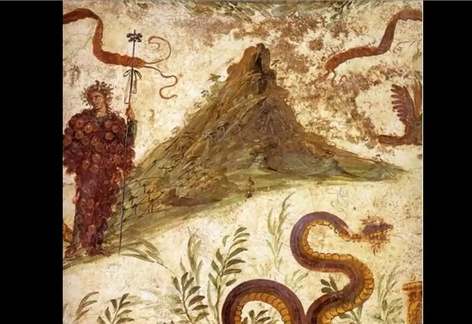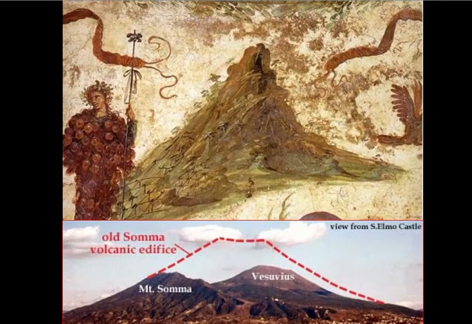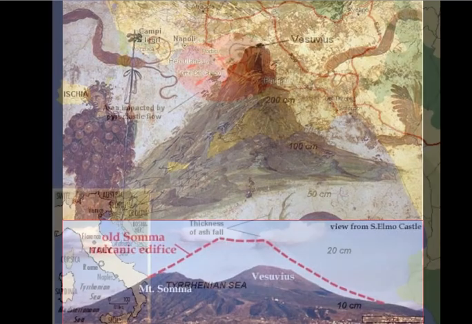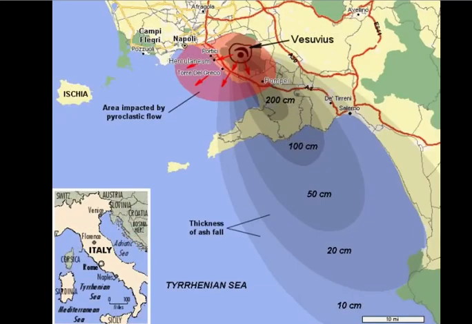A stratovolcano, tall and pointy, blew up, and it used to be called Soma and is now called Vesuvius. This is actually much smaller, as you can see, than the original mountain. Now, this blew up in 79 AD and created a bit of a disaster at the time, although it made very good archaeology, of course.